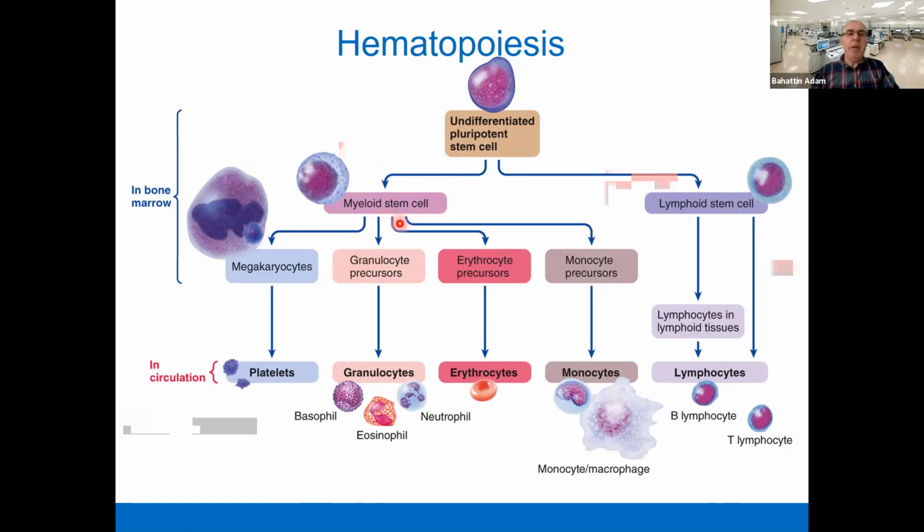The myeloid stem cells differentiate into megakaryocytes, which give rise to platelets, the cells related to blood clotting, and then granulocyte precursors, erythrocyte precursors, and monocytes. Also, lymphoid stem cells result in production of B cells and T cells.